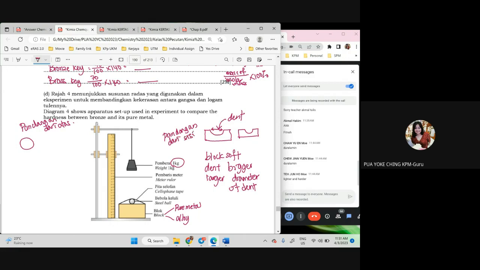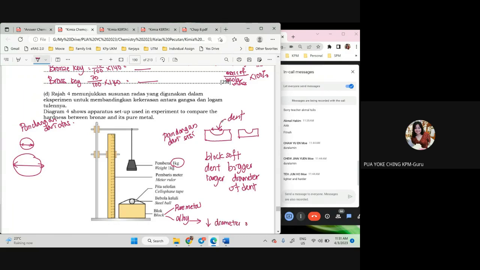Kalau dari tepi you tengok, okay, you nampak dent macam ni. Kalau dari atas you nampak dent tu ialah bulatan. So ini dent, you ukur diameter. So semakin besar dent, semakin lembut you punya block. So you ada alloy. Alloy mesti lower diameter of dent.